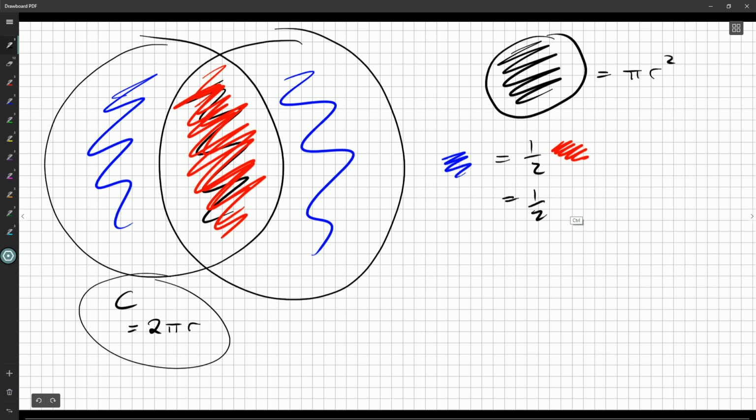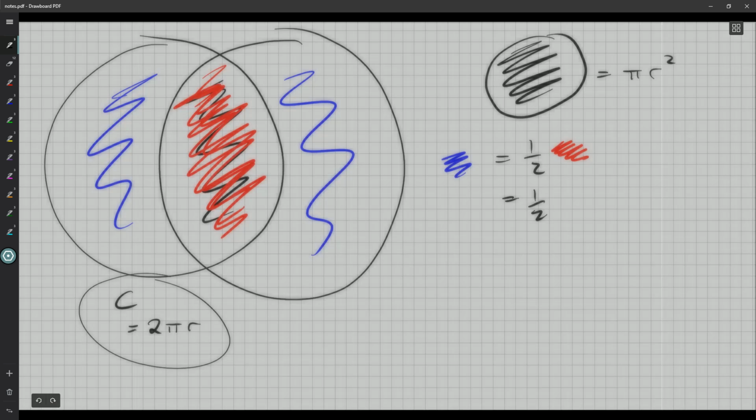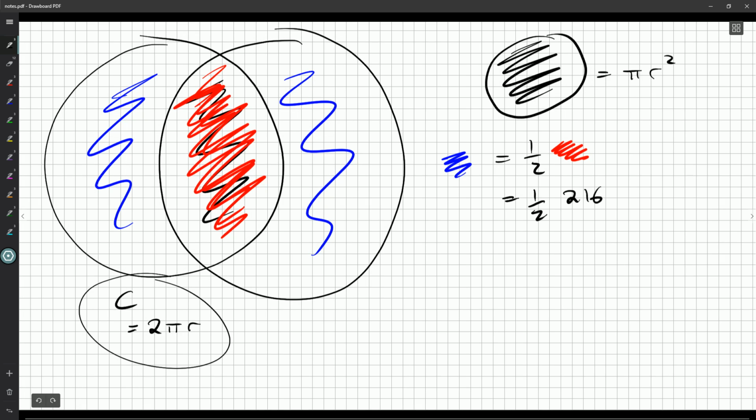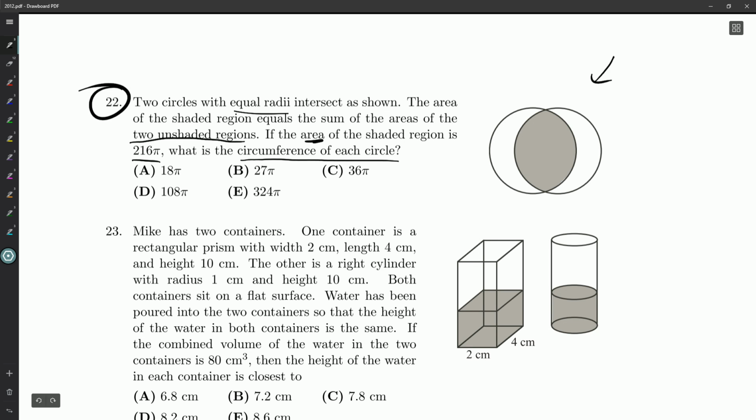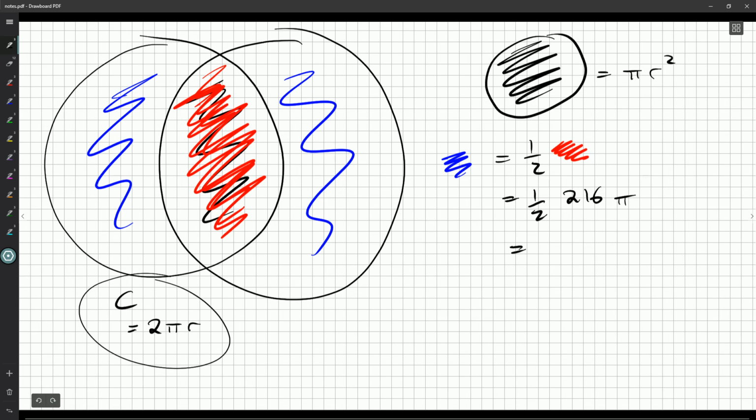It was 216 pi. So half that should be 108 pi. So each of these blue regions is 108 pi.